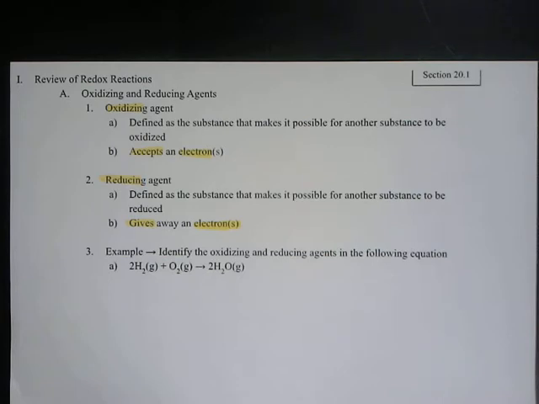What we have to remember is two terms. The oxidizing agent is the substance that accepts the electrons, and the reducing agent is the substance that gives away the electrons. The easiest way to identify the oxidizing and reducing agent is to go through an example.